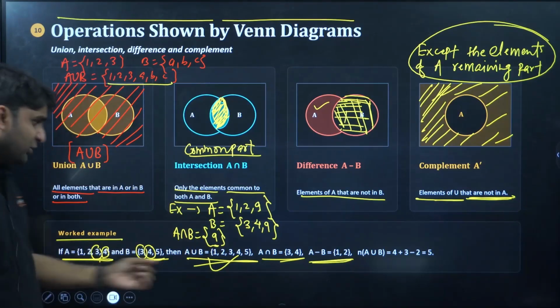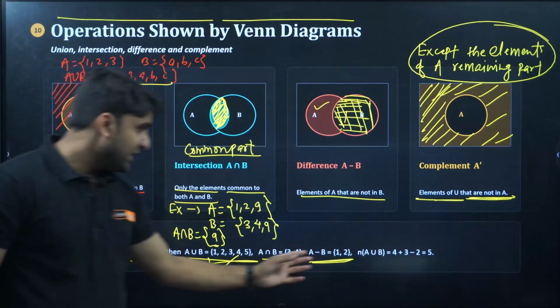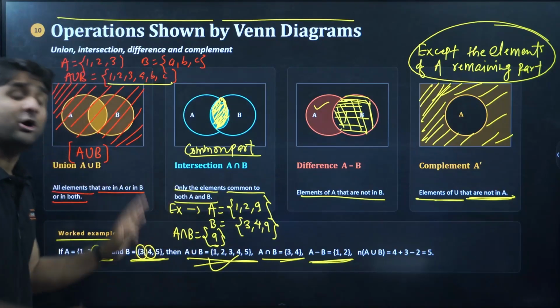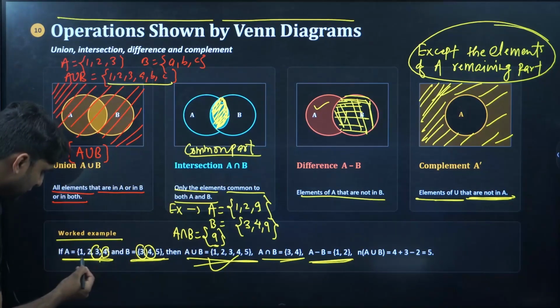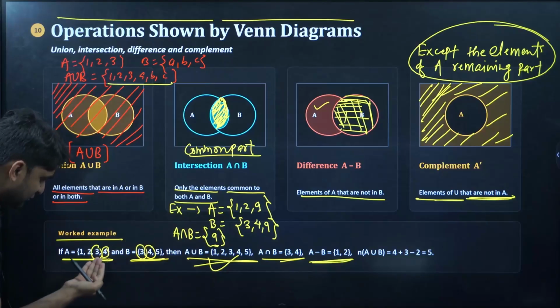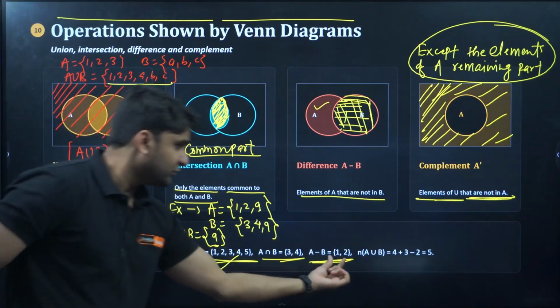So for the intersection, only 3 and 4 will come, because 3 and 4 are present in both sets. A minus B means remove all the elements of B, and only A will be considered. So from 1, 2, 3, 4 minus B, 3 and 4 will be removed, and 5 is not in A, so it is not counted. Only 1 and 2 will come.